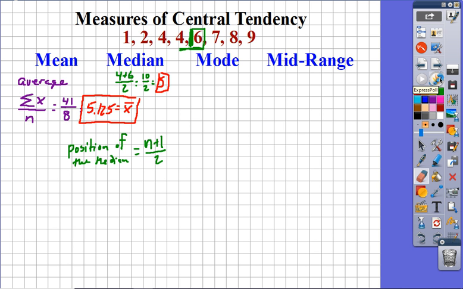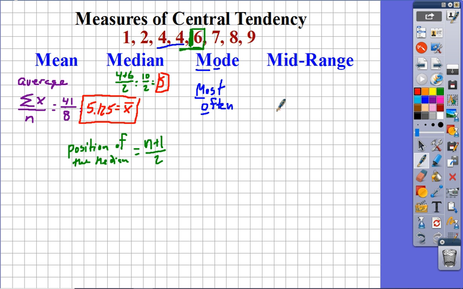The other thing is the mode. This is the other one you're probably familiar with. And if you recall the mode is the one that occurs most often. And I say it that way, most often, because the word mode starts out with an M and an O for most often. That's how I help myself remember that. So the number that's most often here, you'll see, is the 4.